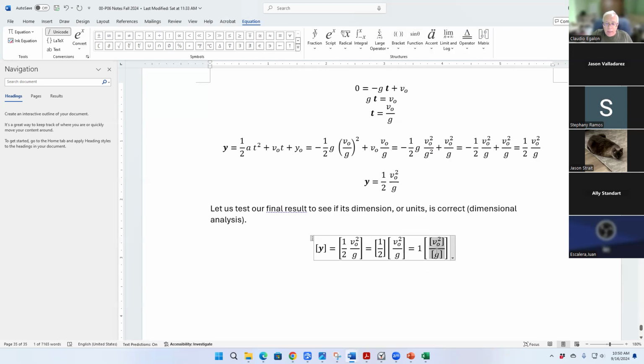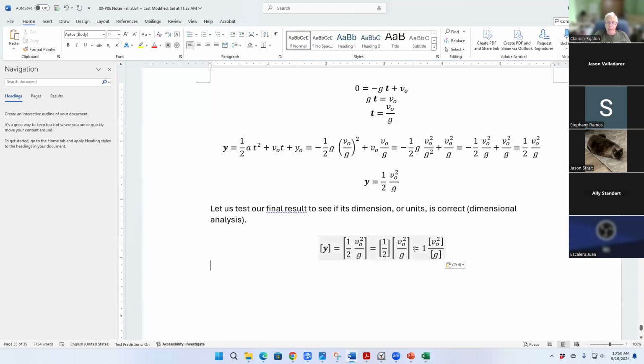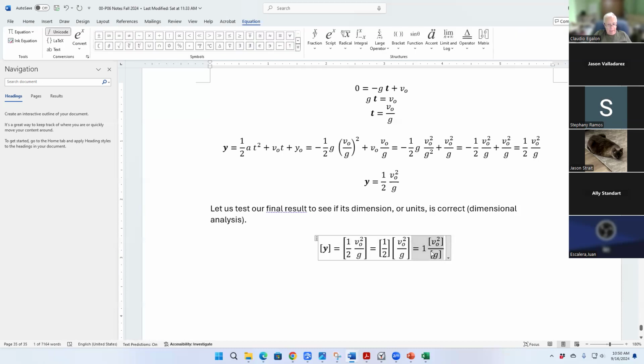Okay. In the next step, we don't need this one anymore, right? But we're going to need the unit of V naught square. The unit of V naught square is meter square over second square. And the unit of G is meter per second squared.